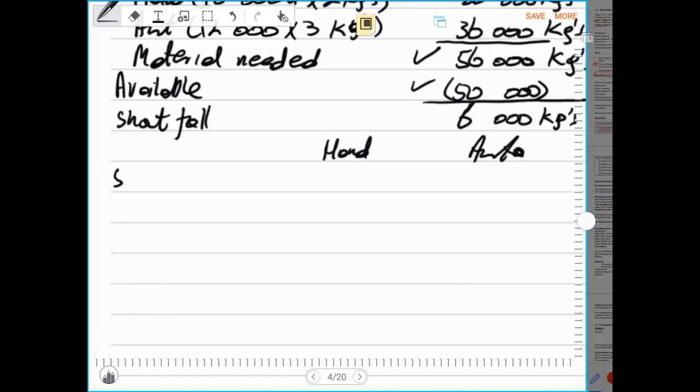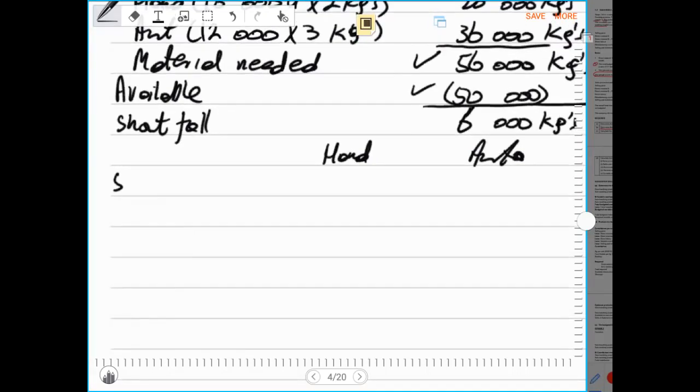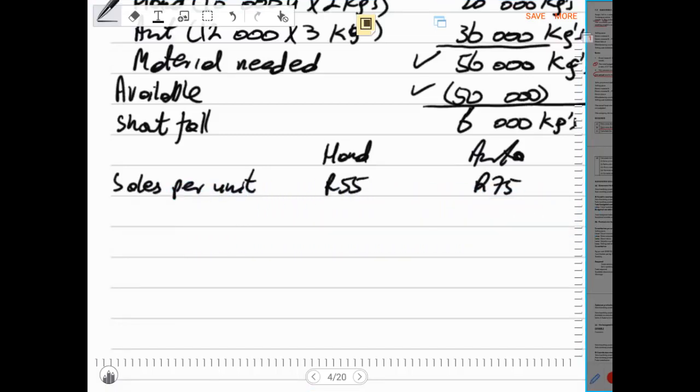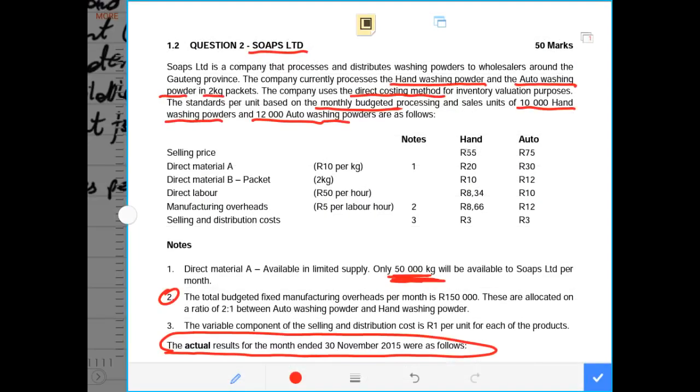And in calculating the contribution per limiting factor, it will be sales per unit. Our selling price per unit was given as 55 Rand and 75 Rand. Let me just confirm that we had 55 Rand and 75 Rand.